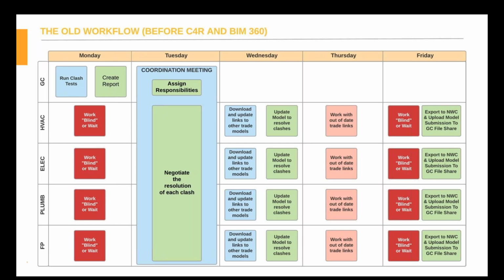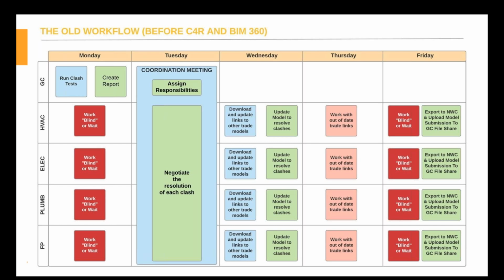So when you come to Thursday, everybody's moved stuff, but nobody can see what other people have done so far. And then by the time you get to Friday, you're practically working blind or just waiting to see where other people moved.